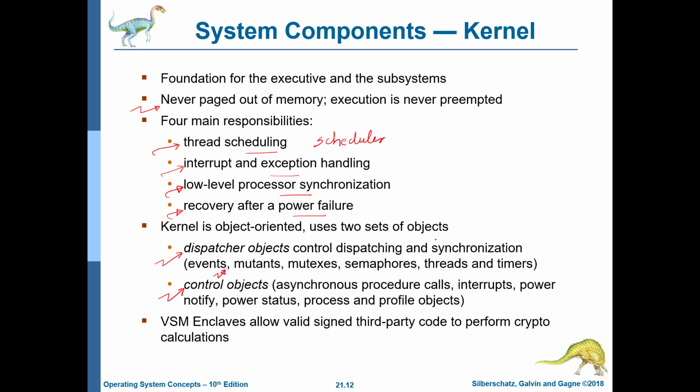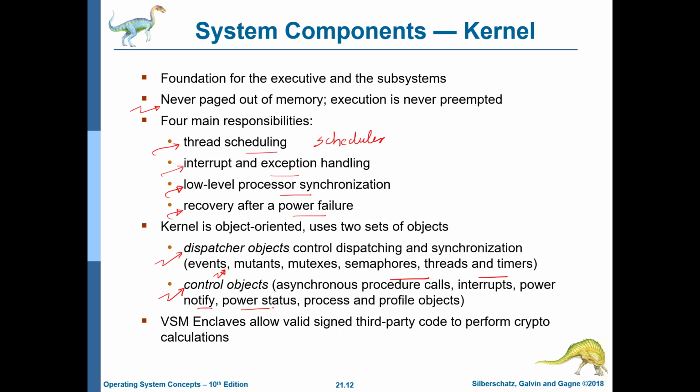Then we have control objects. Control objects don't look at the synchronization or coordination aspects; the dispatcher objects look at the synchronization and coordination aspects of processes and threads. Control objects are mainly for doing higher level control tasks such as asynchronous procedure calls, managing interrupts, and so on.